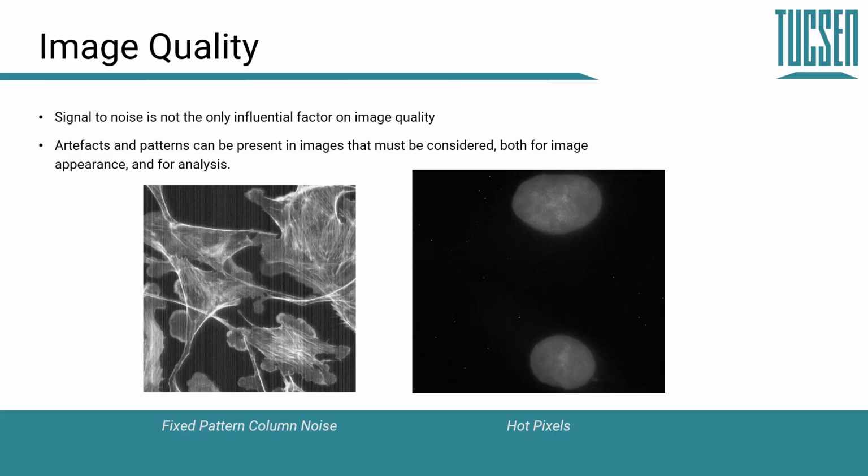Some common artifacts that you might come across in imaging are, first of all, fixed pattern column noise on the left-hand side here. And this is a problem that CMOS cameras can sometimes exhibit, where, as we mentioned in the readout section, CMOS cameras have a different analog to digital converter on every column of the sensor.